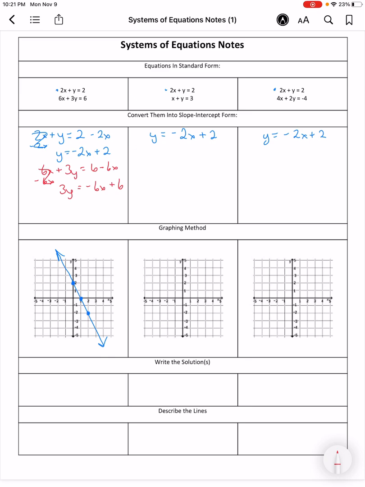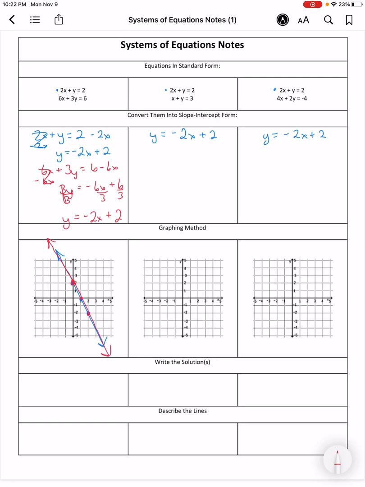Again, our goal is to get y alone, so I'm going to divide everything by 3. So I get y equals negative 6x divided by 3 is negative 2x, and 6 divided by 3 is positive 2. So this time, I would put 2 as my y-intercept, and I would go down 2 and right 1, down 2 and right 1, and you should notice that we have the exact same equation.